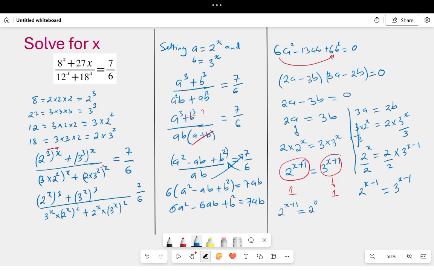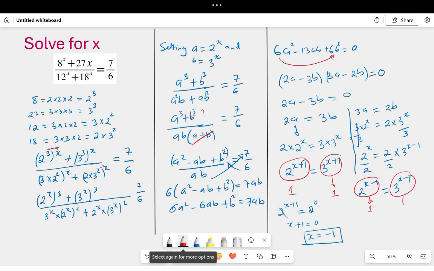And therefore, in this case, clearly x plus 1 is equal to 0, so x will be equal to -1. That is the possible solution. And here, it is only possible when we are going to get 1, and here it can only be possible when the answer is 1.